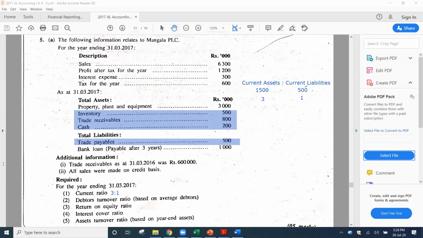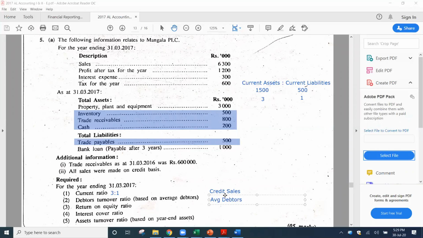Then the next question, they're asking us to calculate the debtors turnover ratio. So how do you calculate debtors turnover? How many times a debtor becomes sales, which is equal to credit sales divided by average debtors.